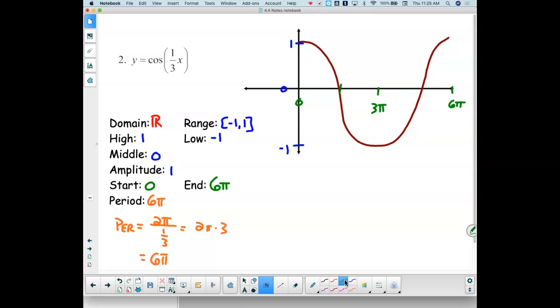Half of 3 pi is 3 pi over 2. 3 pi plus 6 pi is 9 pi, divided by 2 is 9 pi over 2. Average, middle. Questions, comments, concerns, clarifications? Yes, it's snowing. Good. Awesome sauce.